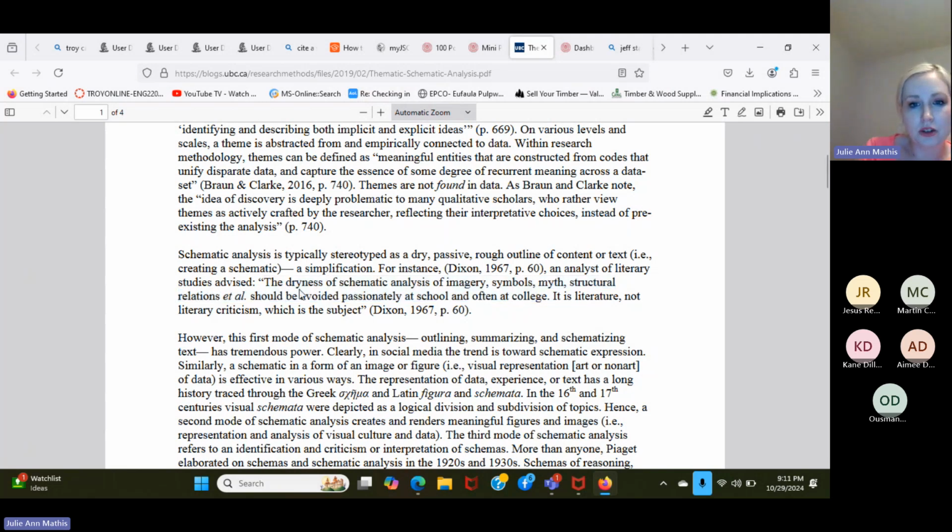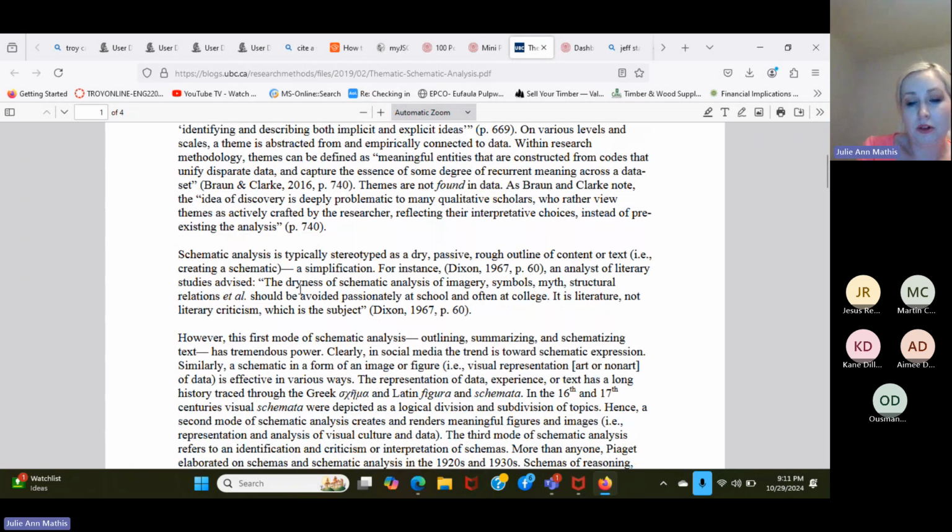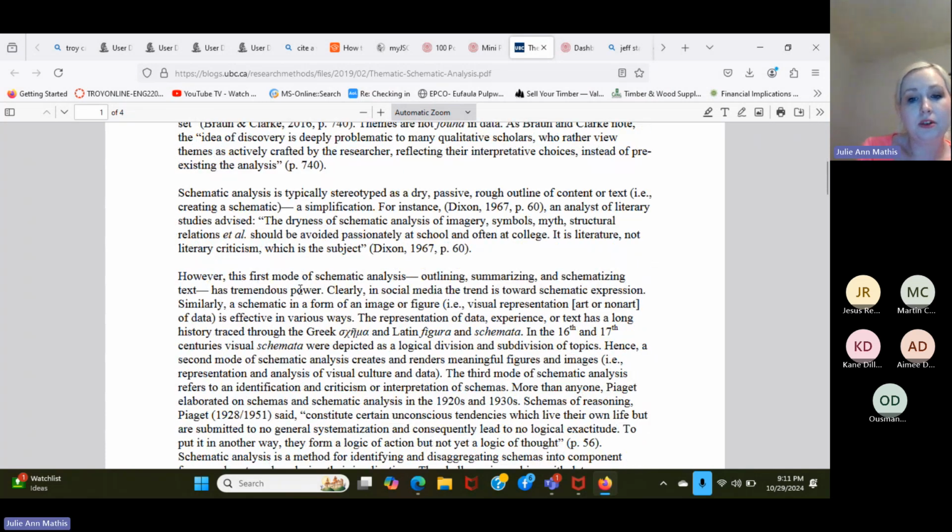But this one does have to do with just looking for imagery, symbols, myth, or any structural relations. So even though this is not literary criticism, the closest thing in literary criticism I could think of would be formalism, because all they're doing is looking at the text itself, only just saying it as it is.